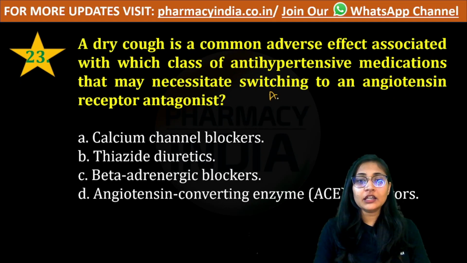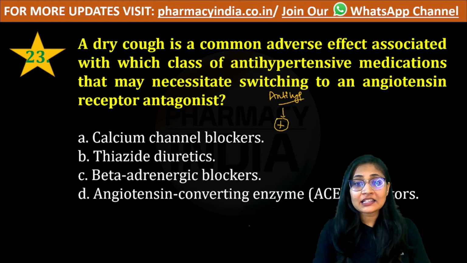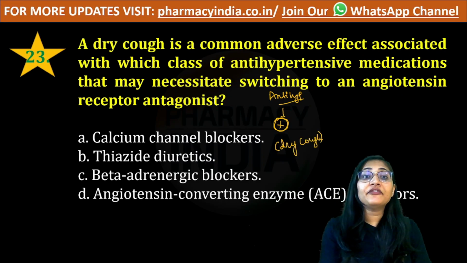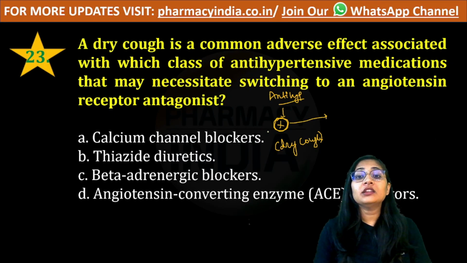So simply, among antihypertensives there is a class, suppose X. This class of drug causes a side effect of dry cough. Because of this side effect, we have to switch from this class, that is X, to an angiotensin receptor blocker.